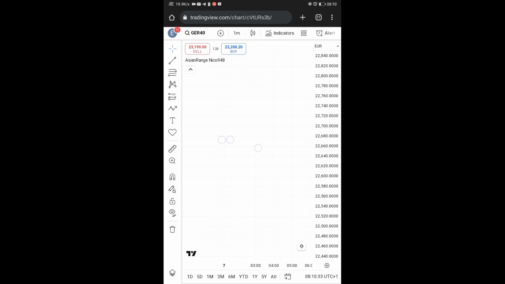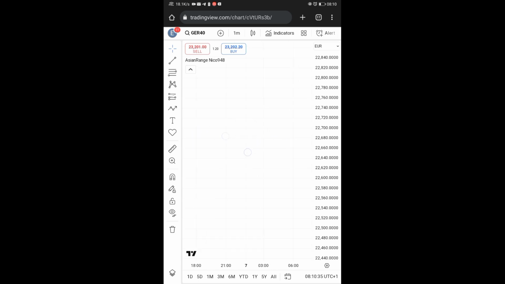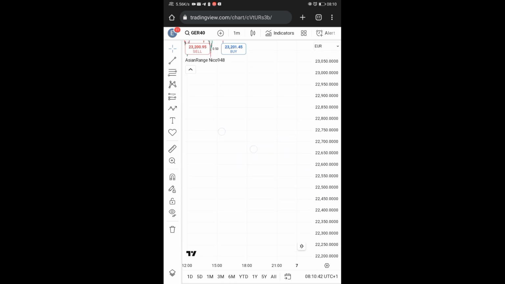So on my 1 minute chart, what will I be expecting? I'll be expecting either a shift in market structure or a candlestick confirmation once the market gets to the zone.